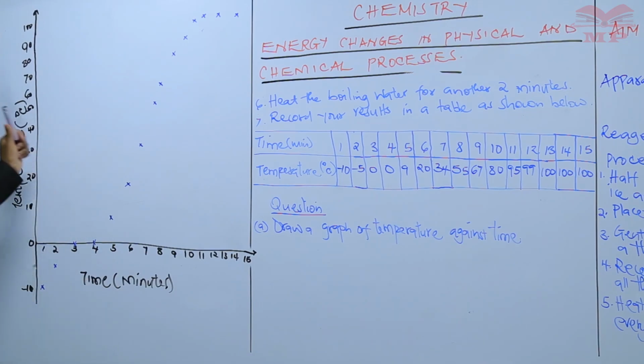So time on the x-axis, then temperature on the y-axis. So if you are to draw a curve, then a curve will be like this. So just join the dots together.